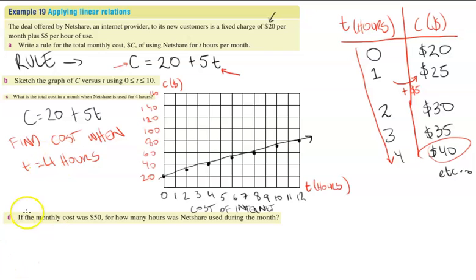This is just a straightforward substitution. So your cost is going to be equal to $20, which is the flat rate, plus 5 lots of 4, because this is 4 hours, $5 per hour. This is just 20 plus 20, which is $40, which is again what we worked out here.